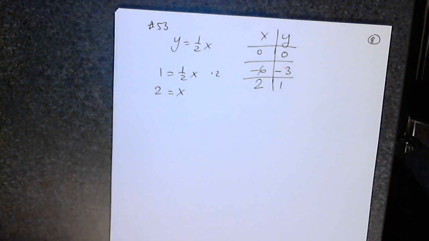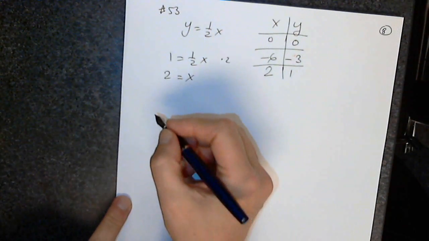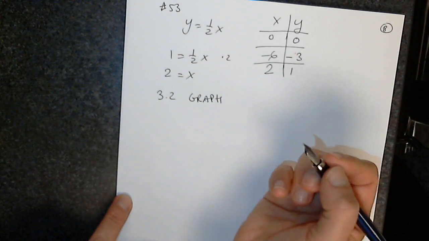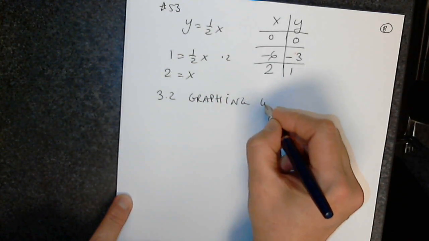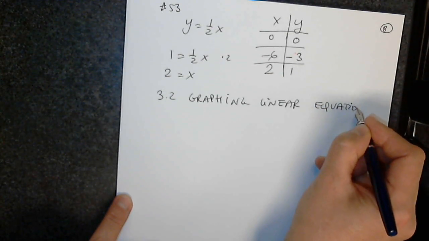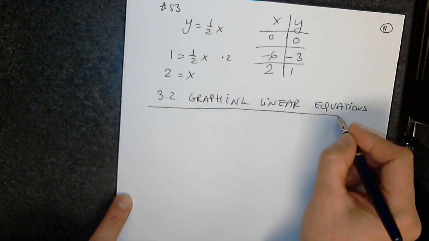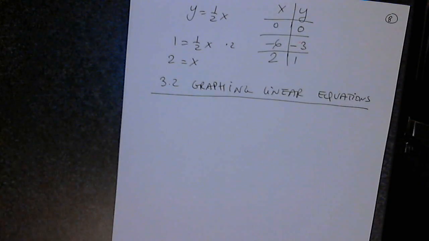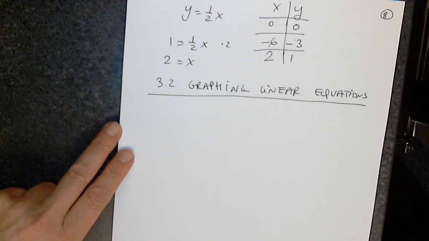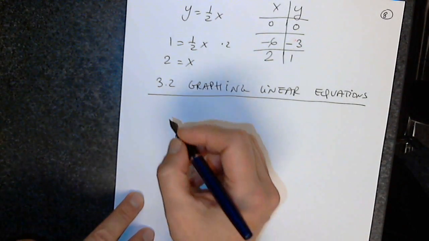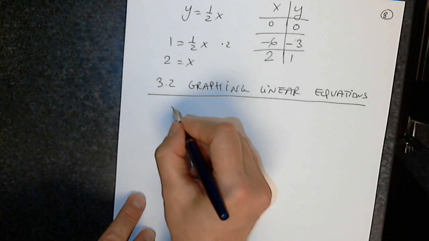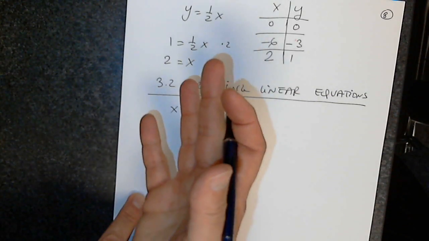Okay, I'd like to move on to graphing linear equations, and we have to talk about what a linear equation is. A linear equation is an equation that looks like this, exactly what we just found points for.